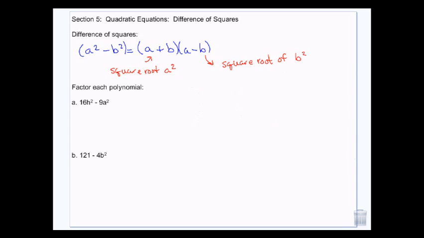And the way we want to do that is first we look at the two terms. So step 1 is we identify that it's two terms. Step 2 is we see if there's a GCF.